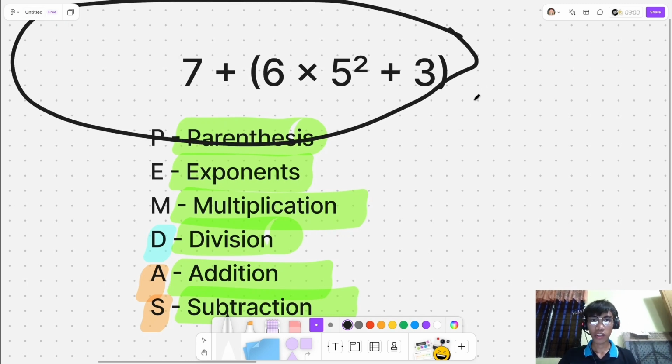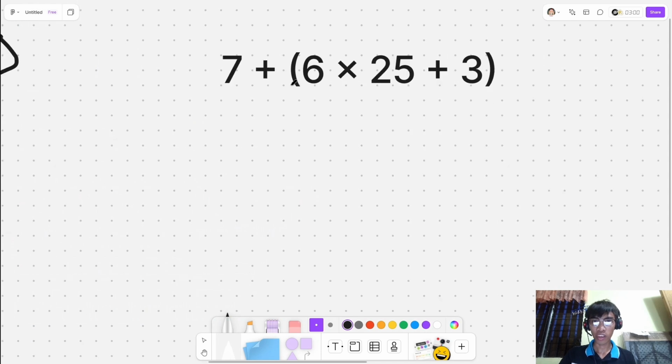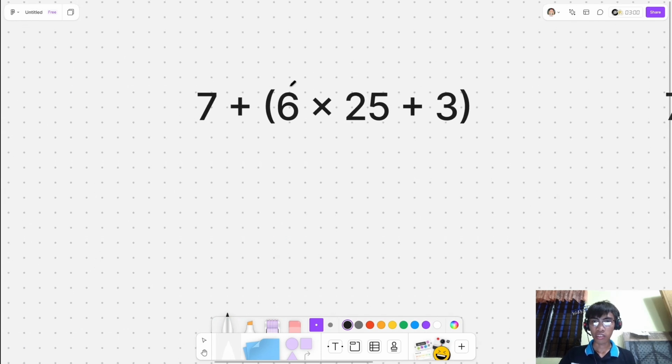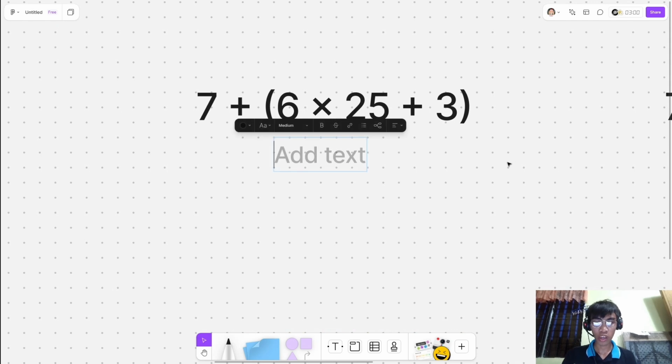So we have 7 plus 6 times 5 squared plus 3. Since we have an exponent here inside the parentheses, let's try solving this one first. Since 5 squared is equal to 25, this should come out to 6 times 25. In PEMDAS, since multiplication comes first, then the addition, it should come out to 150.